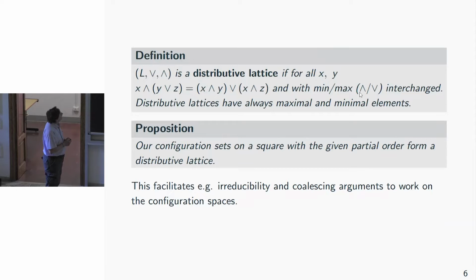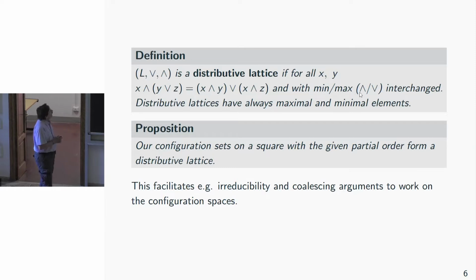A distributive lattice is a triple like this, V and wedge, such that for all X and Y, this thing holds, and also the other version of this formula where the V's and the wedges are interchanged all over. The important property that distributive lattices have is that they always have a maximal and a minimal element.